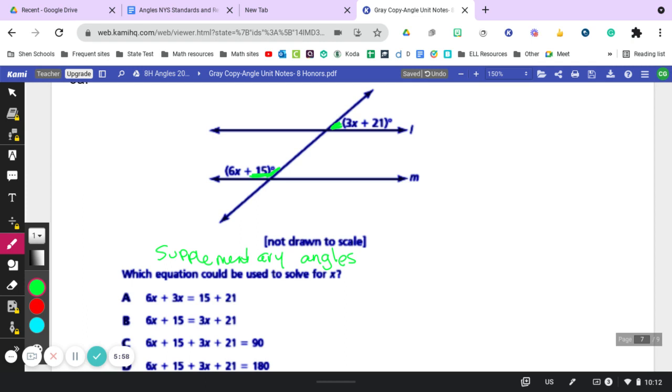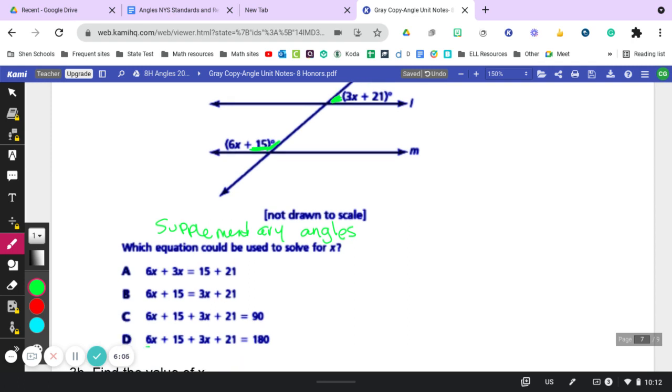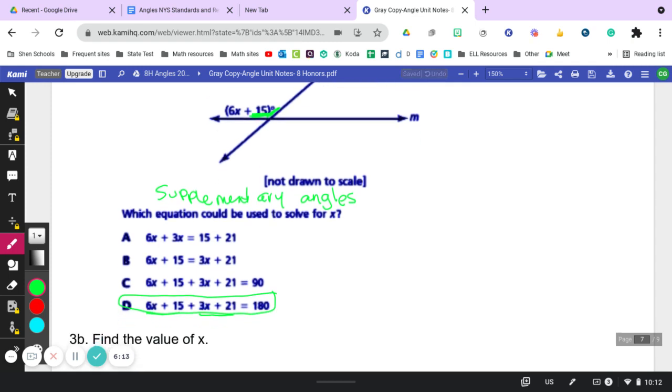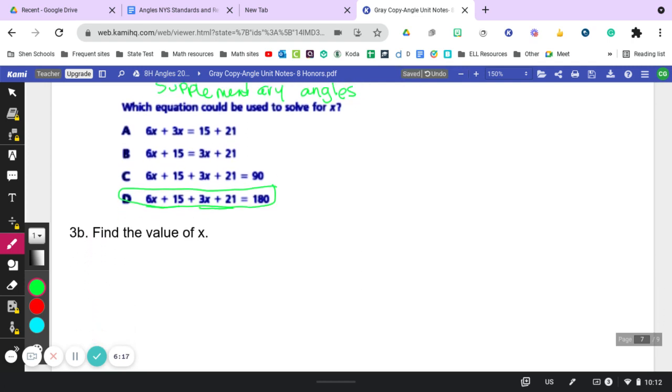Now, to find that angle measure, what would I do? If they're supplementary, I would have to add up the 6x plus 15 and the 3x plus 21 and set it equal to 180. That's what they actually want you to do. Down here, I added the question, find the value of x.